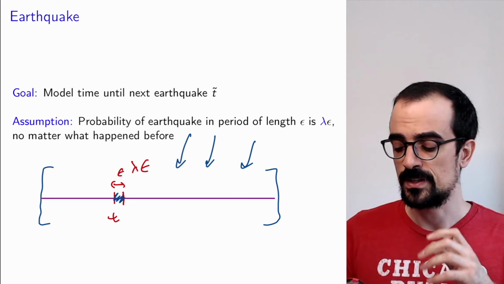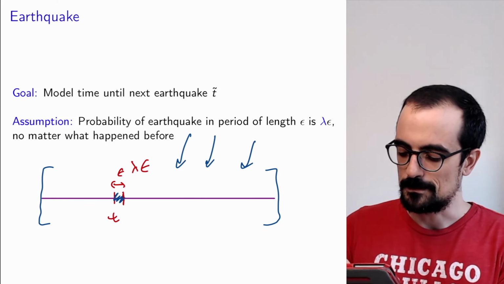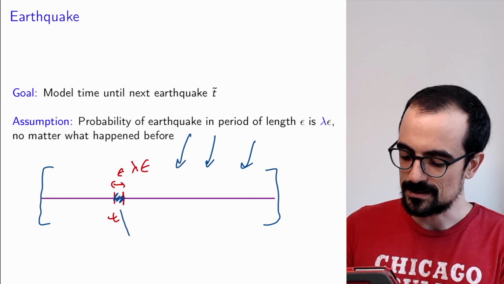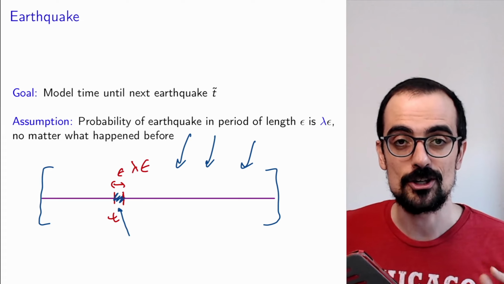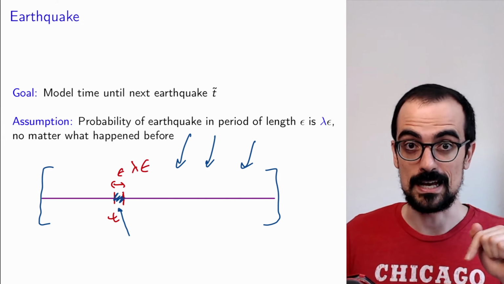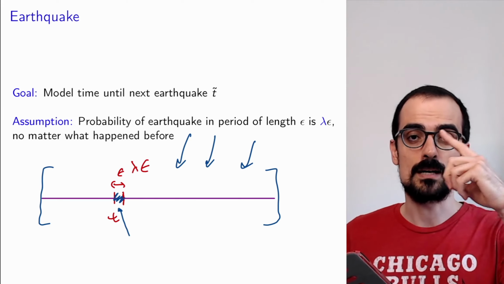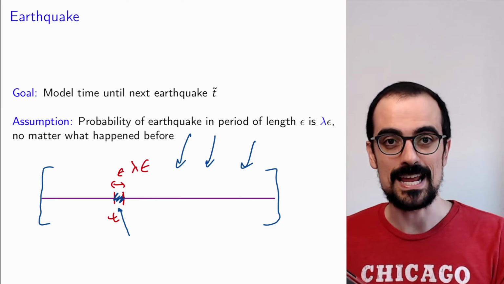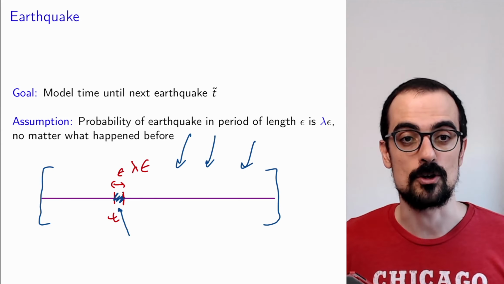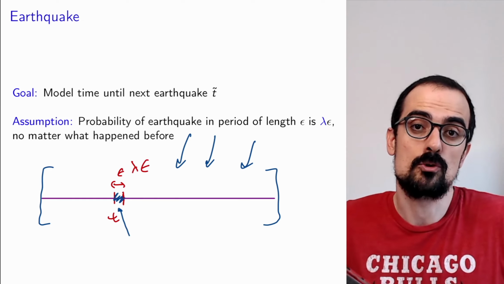We said that earthquakes happen independently, and the probability that there's a single earthquake within an interval of length epsilon was exactly lambda epsilon, like what we're saying now. And it turns out that the assumption for the Poisson random variable is indeed the same as the assumption we're making to derive the exponential random variable, but there's a crucial difference.